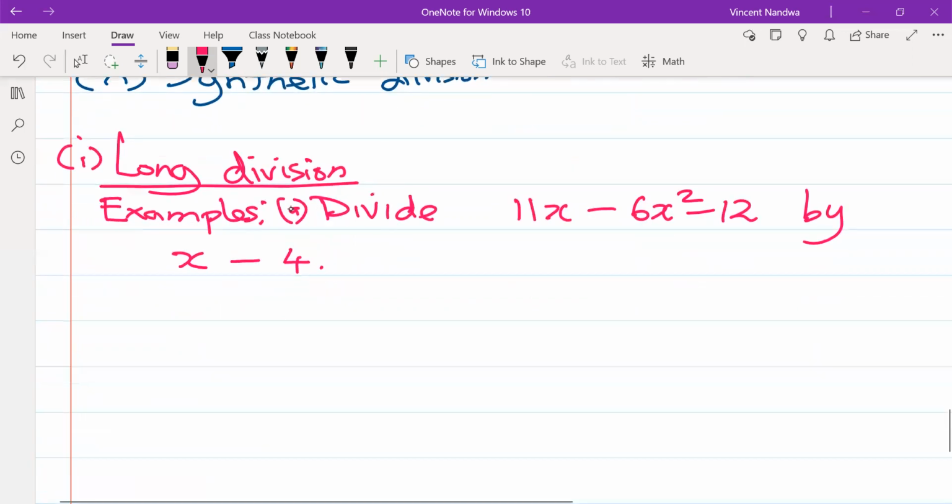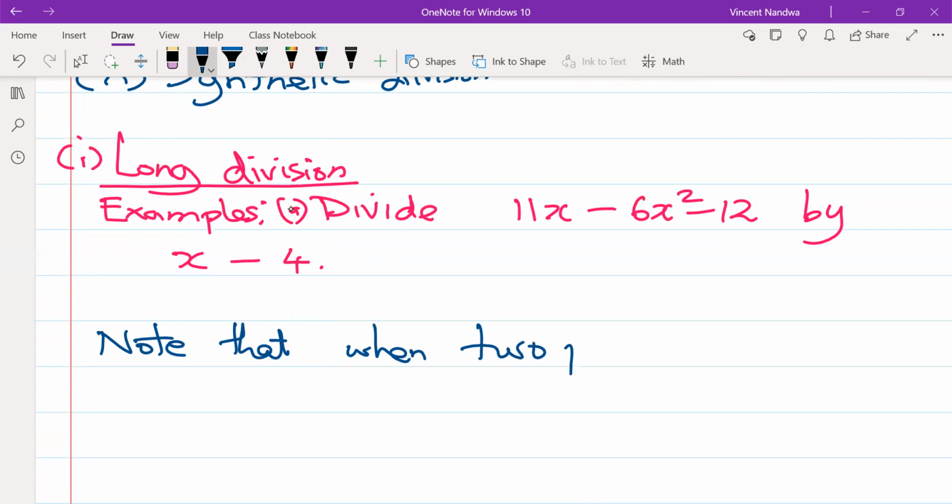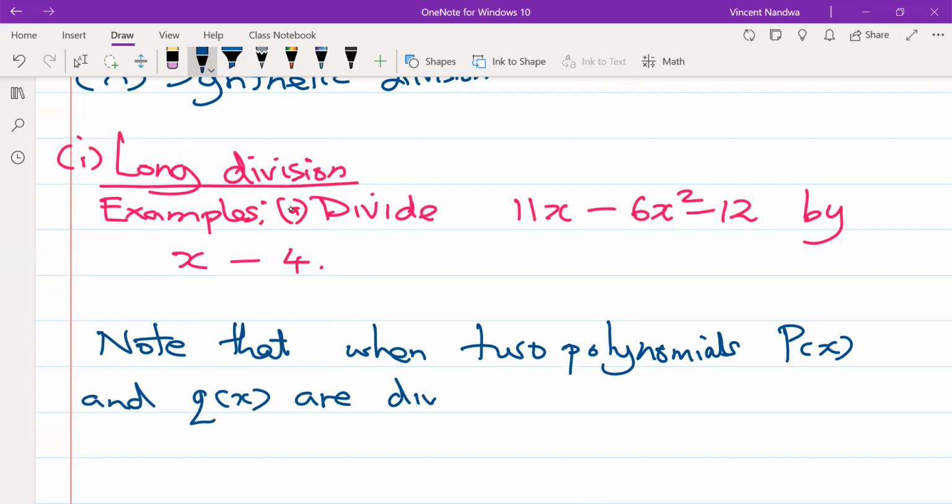Now, even before I solve this question, you should note this. Note that when two polynomials P of x and Q of x are divided, we always have, what do we have?